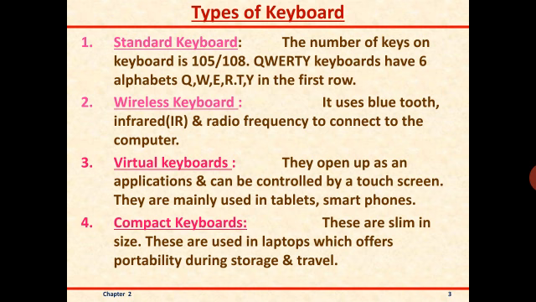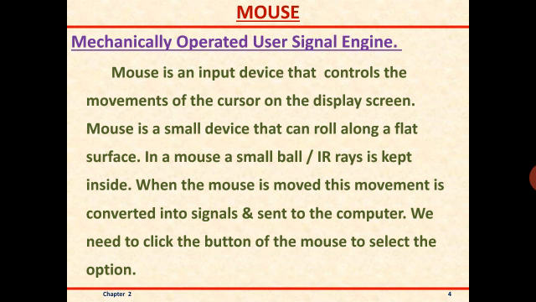Now the second example is mouse. Everybody knows, we have seen that there is one small handheld device which is connected to the computer. What is this mouse then? Actually mouse is an input device which will control the movements of the cursor on a screen.